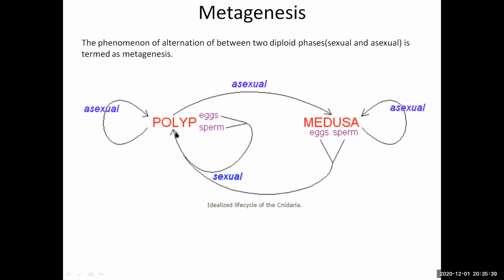So both types of reproduction will be present, but metagenesis will be absent in such forms. Similarly, in jellyfishes, only the medusa form is present. So medusa will reproduce asexually, and medusa will reproduce sexually also to produce medusa only. So metagenesis is absent in those forms in which only one body form is present. Example, Hydra having only polyp form, jellyfish having only medusa form.